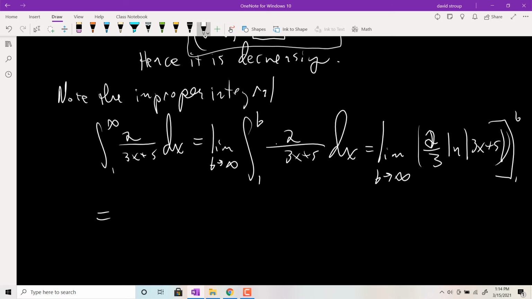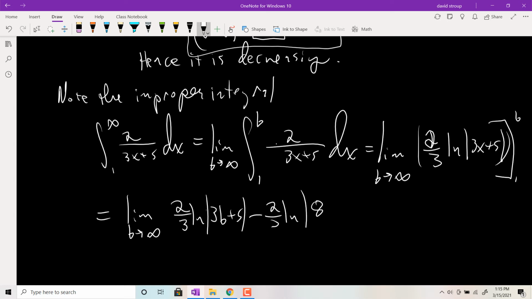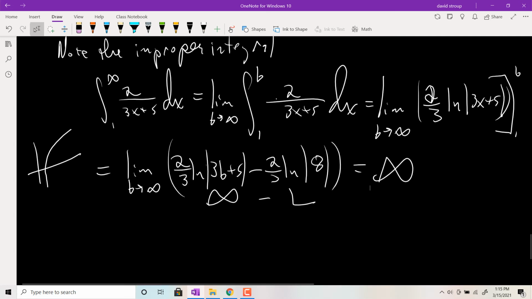So this will equal the limit as b goes to infinity of 2/3 ln of the absolute value of 3b plus 5 minus 2/3 ln of the absolute value of 3 plus 5, which is just 8. As b goes to infinity, the natural log function also goes to infinity, just very, very slowly. So this will be infinity minus some constant, which equals infinity, which means it diverges, and hence the series diverges.